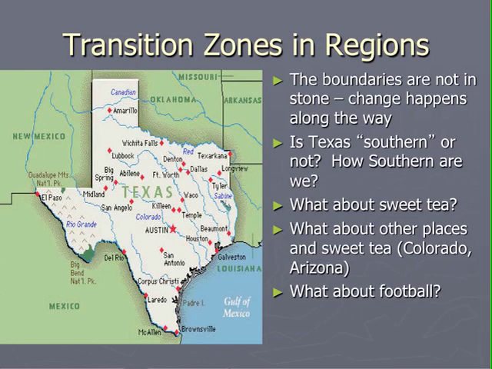When are you crossing over from the Northeast into the Midwest? Is Texas Southern or not? How Southern are we? Some people consider us Southwest. So when we analyze these regions, we have to take all the evidence into consideration and make a determination.